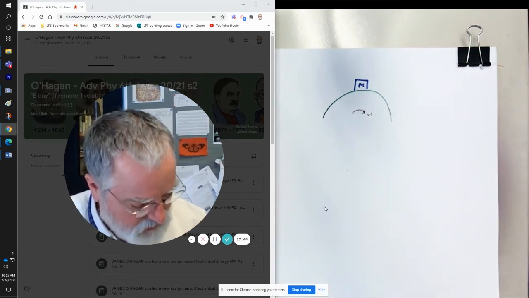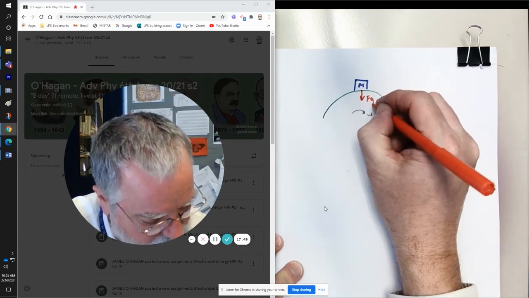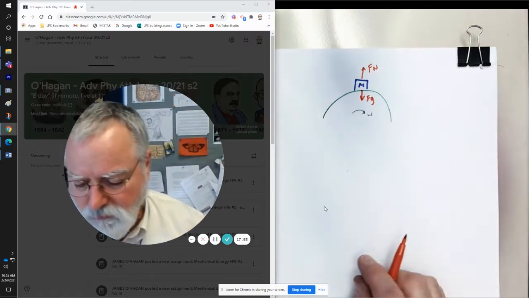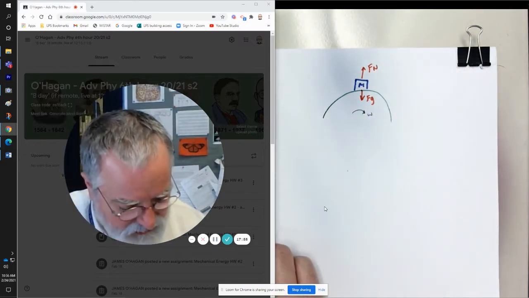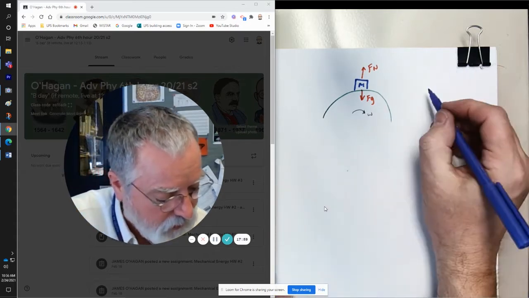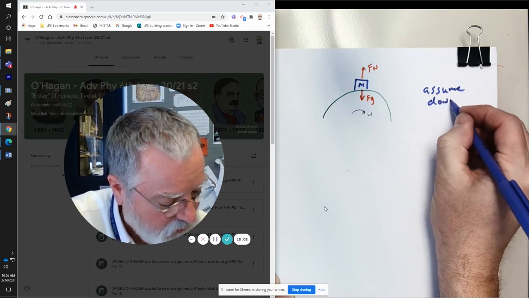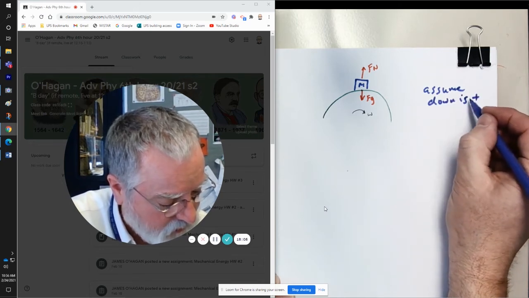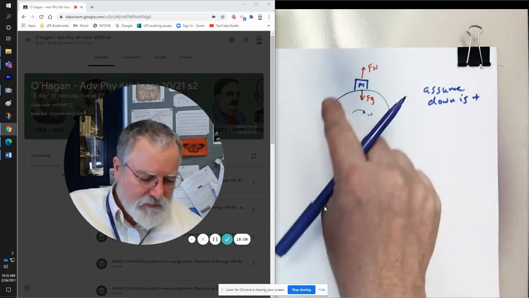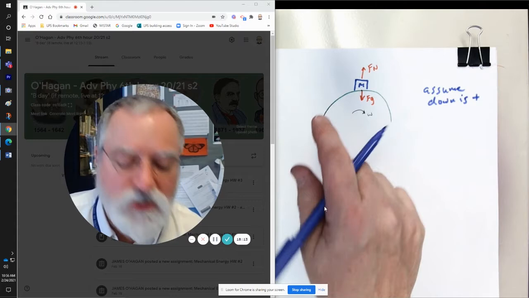All right, here come the two forces. We've got a force gravity, and we've got a force normal. Let's assume down is positive. Let's find out what the net force is here, and that net force is going to cause that mass to have a centripetal acceleration.